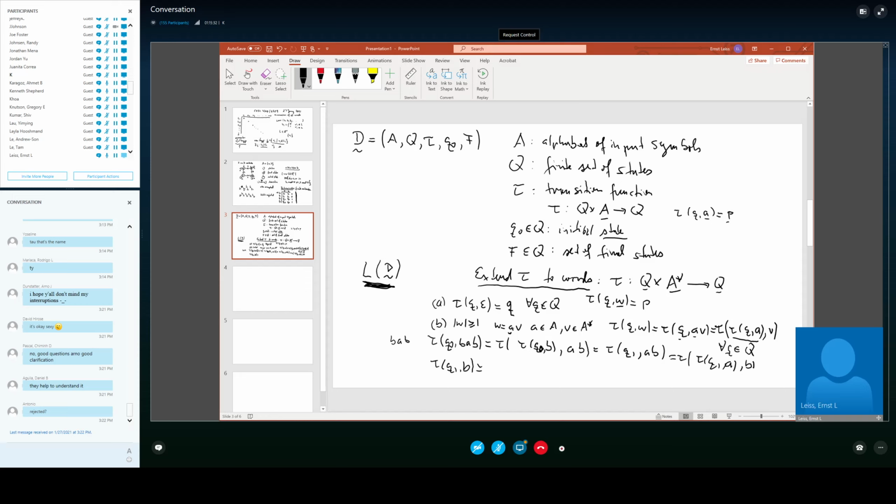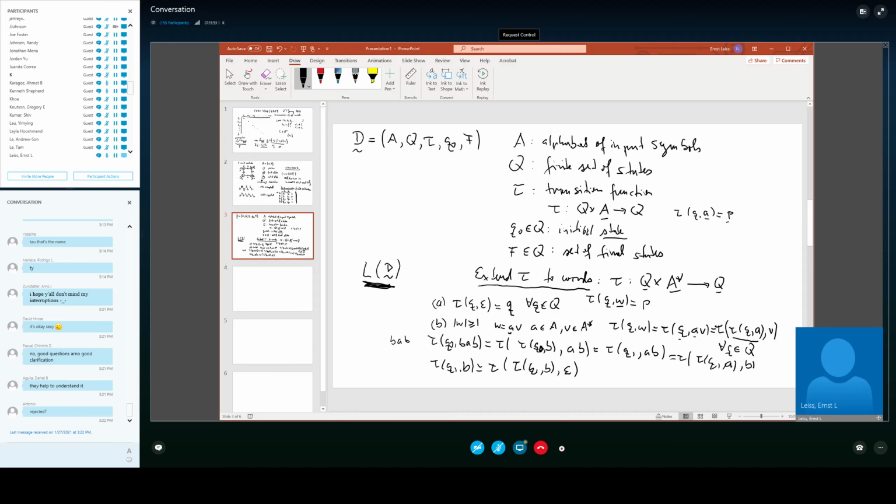And now, if we slavishly follow the definition, we have to split off the leading letter from that, so that's tau of Q1 and B, and what is left is epsilon.